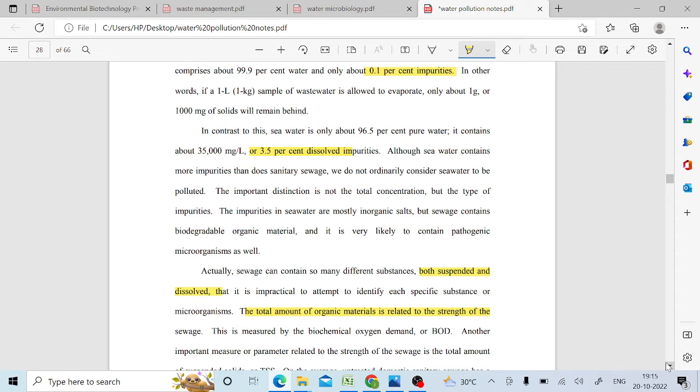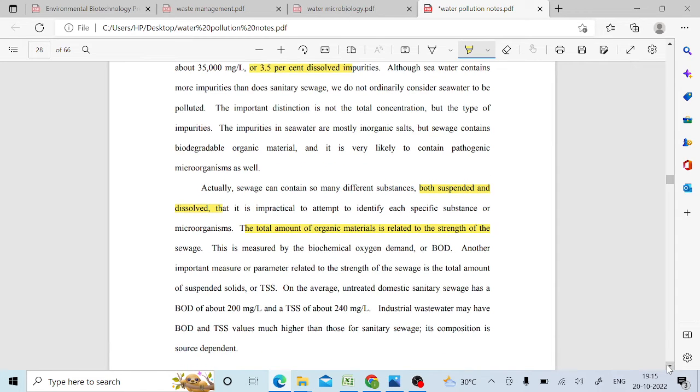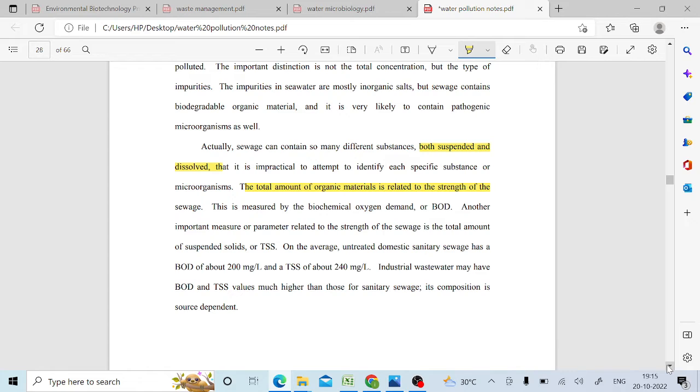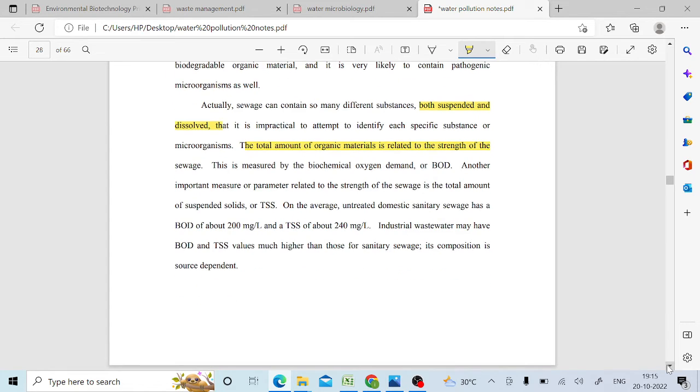The BOD, biological oxygen demand, is an important parameter for determining the strength of sewage and purity of water. Another important parameter is the total amount of suspended solids, TSS. Both of these are frequently measured before and after treatment.